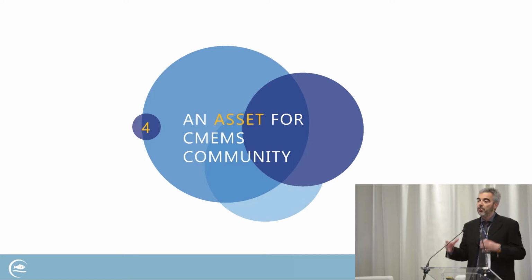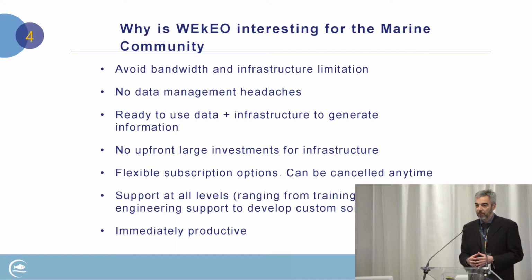We want to connect all the existing data centers coming from CMEMS, from EUMETSAT, coming from ECMWF, and we also need to have access to the other Sentinel missions and land service in this platform. So we don't want to duplicate the data. This has several advantages I will describe later on.